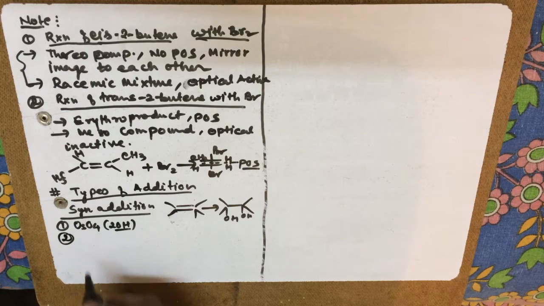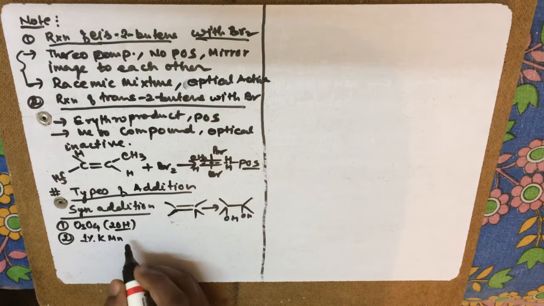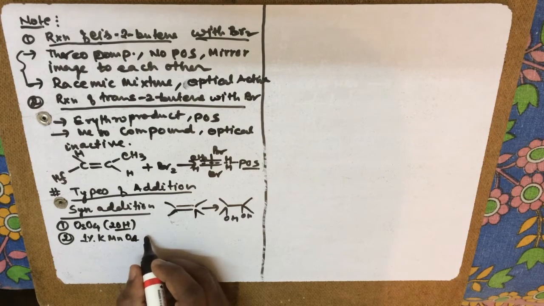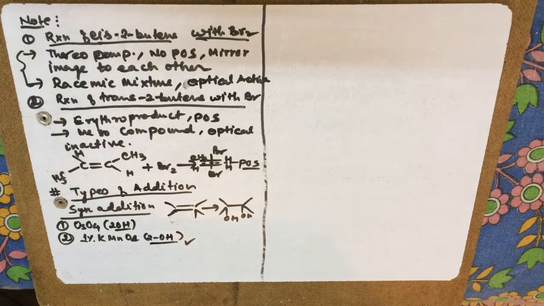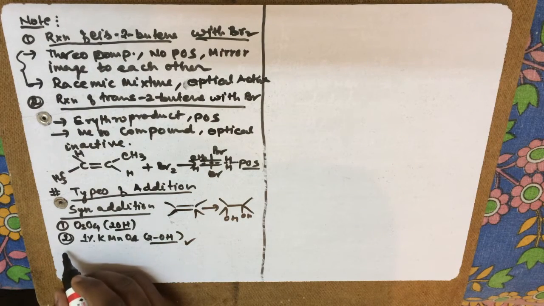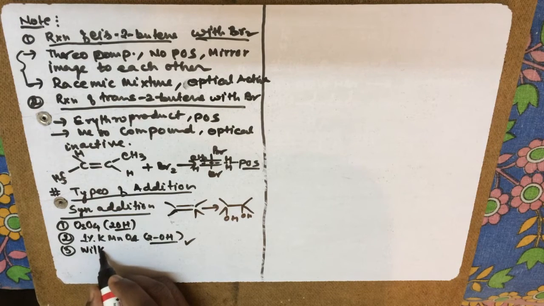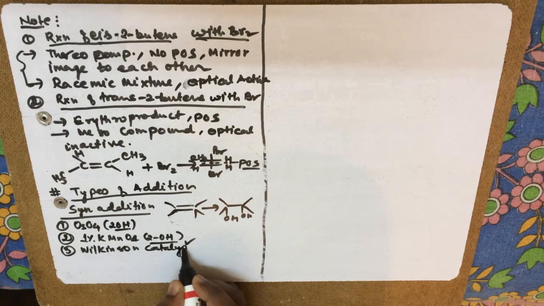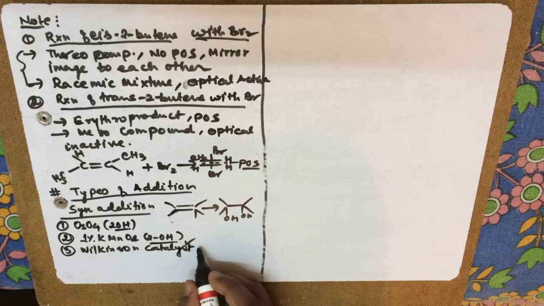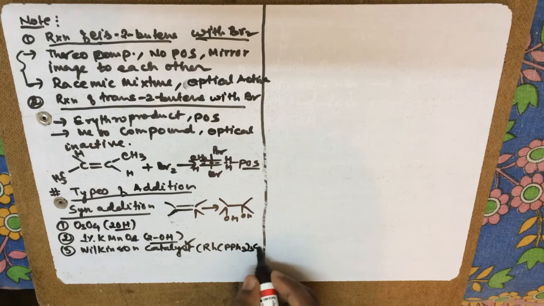So the second, when cold dilute potassium permanganate is used, here 2 OH also add in cis manner. Okay, then Wilkinson catalyst also, rhodium PPh3 thrice Cl.